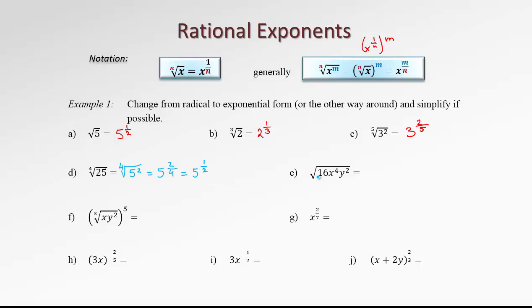The next question, we have square root of 16, which is 4, and then we have square root of x to the 4. Well, do we know how much is square root of x to the 4? If we are not quite sure, we can rewrite this in exponential form. So we can write x to the 4/2, isn't it? 4/2. But you see, 4 divided by 2 is actually 2.